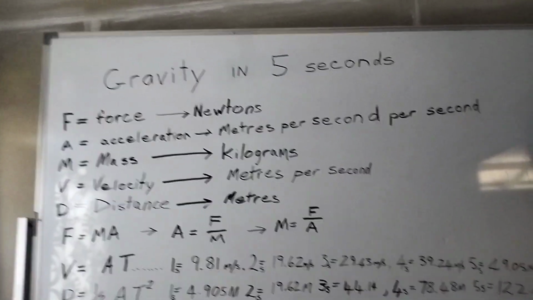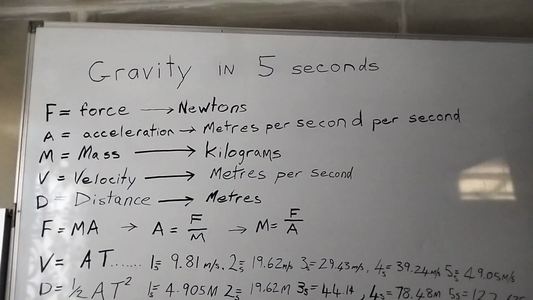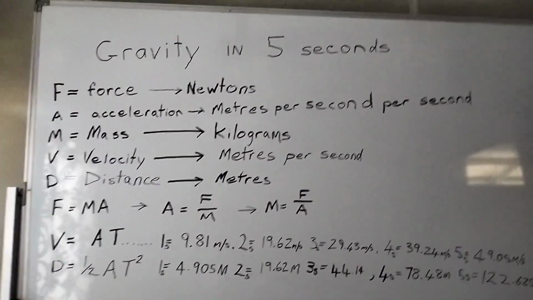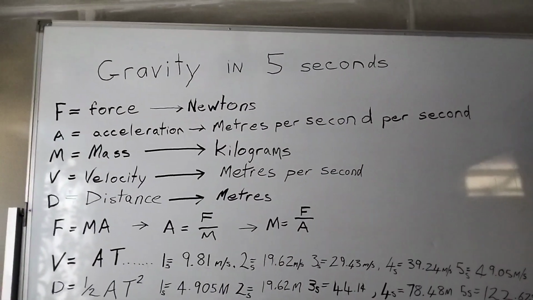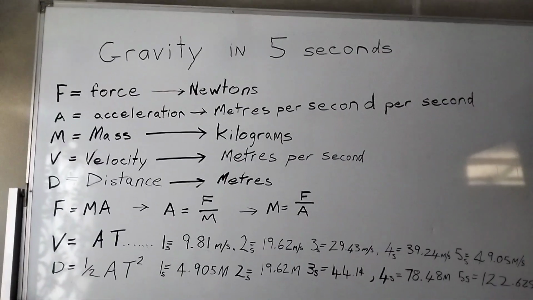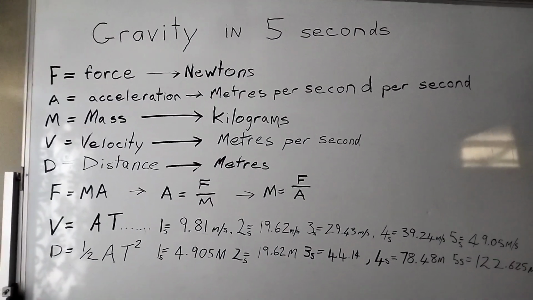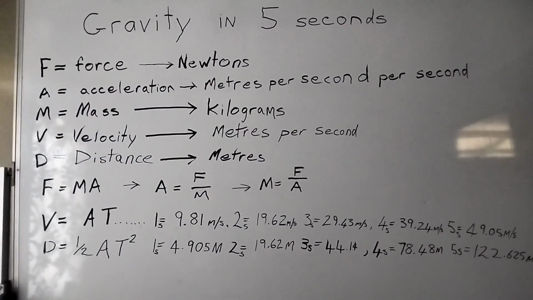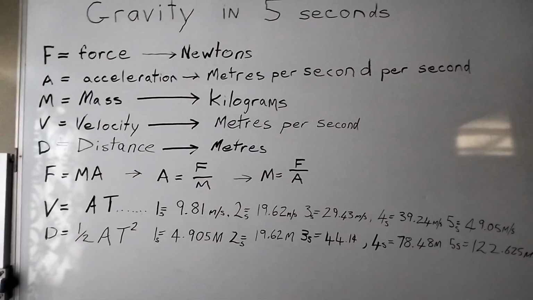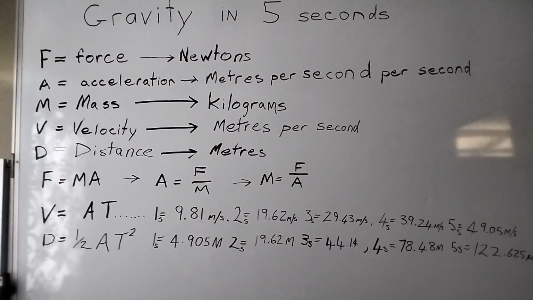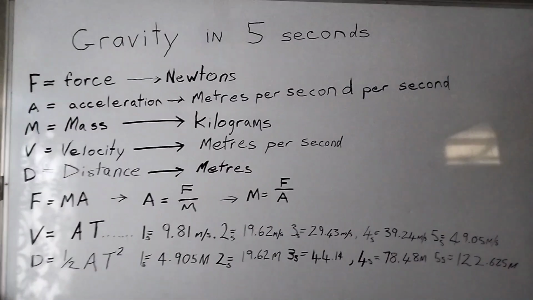And that is because we're starting off at 0 meters per second velocity, and the final velocity after 1 second will be 9.81 meters per second, but the distance travelled will only be 4.905 meters. I've written those out.